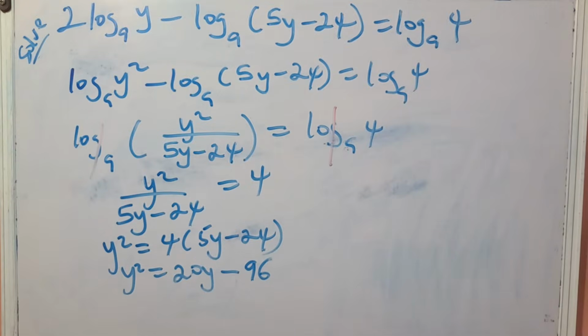So we have our quadratic expression as y squared minus 20y plus 96 equals 0.